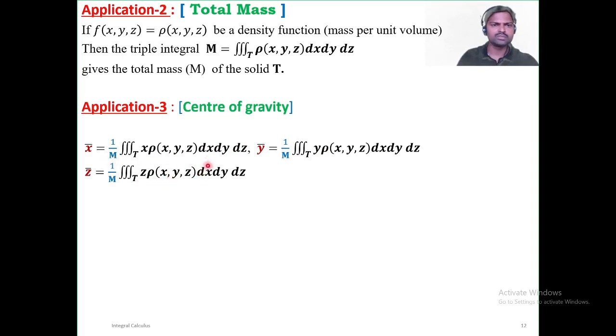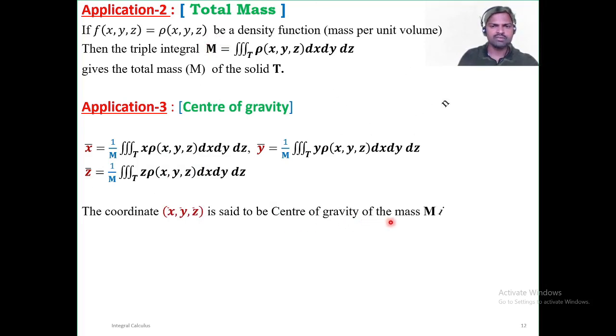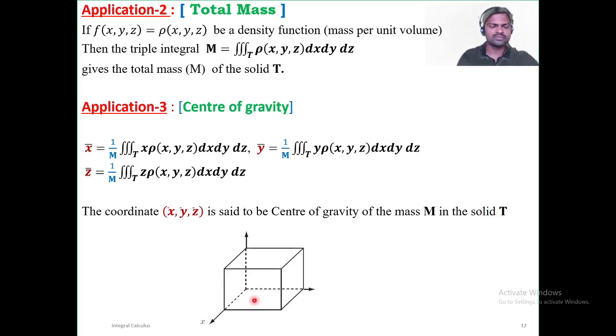So these three will give the center of gravity, where m is the total mass, which we discussed already in application number 2. So the coordinate x bar, y bar, z bar is said to be the center of gravity of the mass m in the solid T. Look at, for example, this figure.